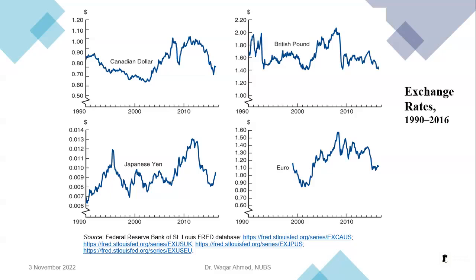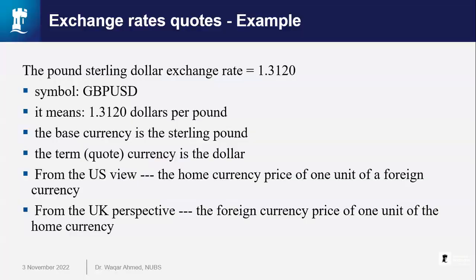So Japanese yen appears more volatile, euro appears a bit volatile as well. And if you look at the British pound, in 2008, for example, when we had the financial crisis, you can see what happened to the British pound. Good.